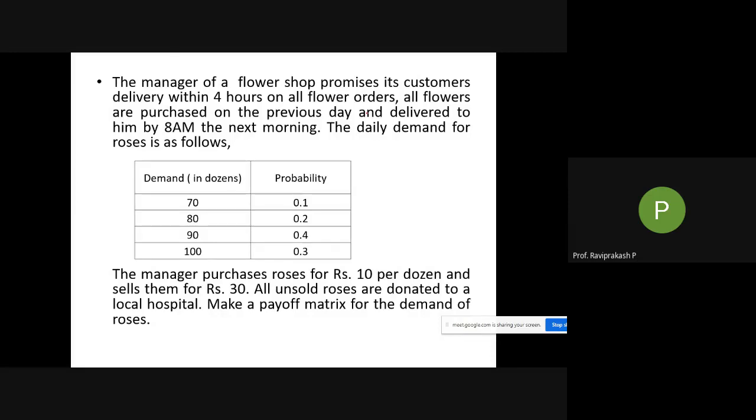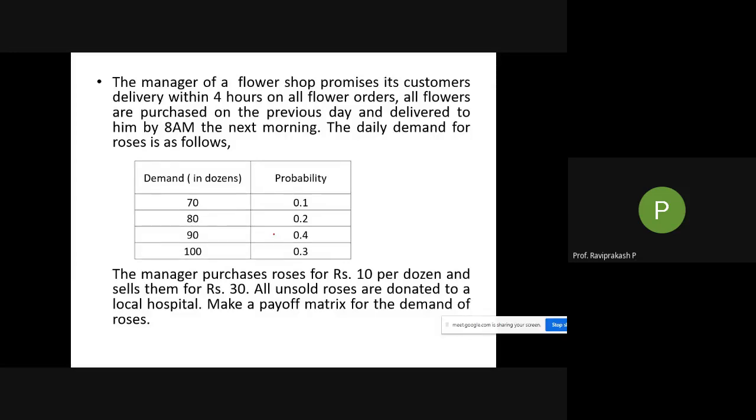Okay, see here what all is given. Leave this 4 hours now, they are just asking you to make a payoff matrix. The important things are the demand: 70, 80, 90, 100 and the probability.